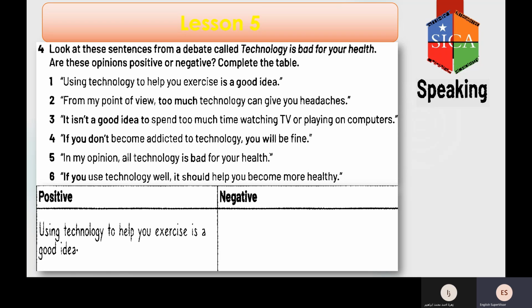Number 2. From my point of view, too much technology can give you headaches. Positive? Give you headaches. This is negative. Number 3.